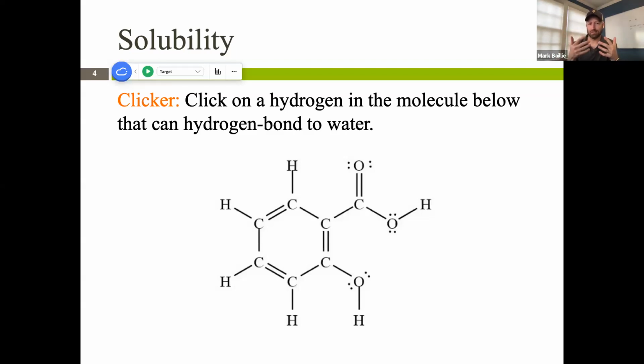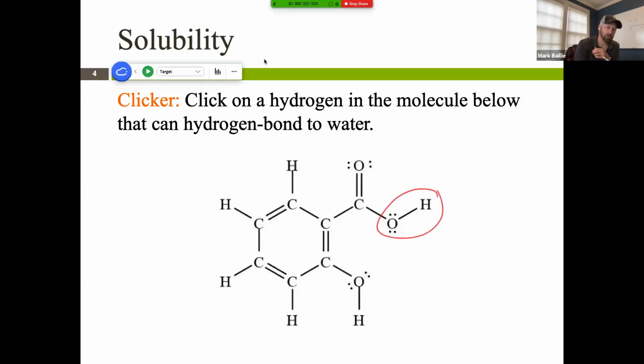So why does the hydrogen on one of them need to be connected to an oxygen? What's special about that hydrogen to oxygen or fluorine or nitrogen bond? Is it because they're polar? Because being connected to a highly electronegative atom, hydrogen is now polar.